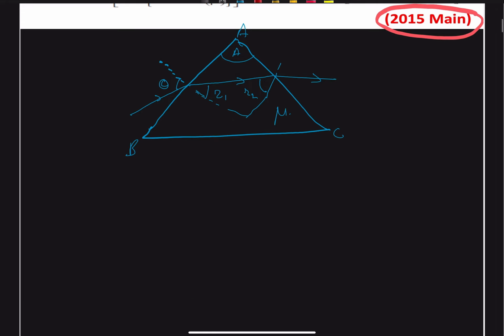So we are given that the angle of incidence on face AB is theta, and we have two refractive angles.